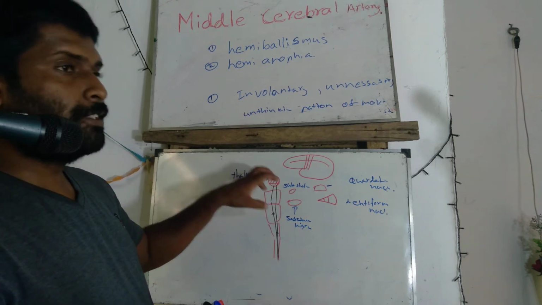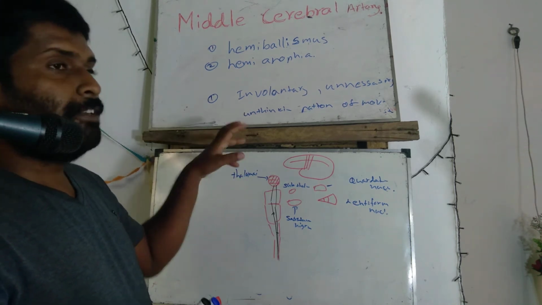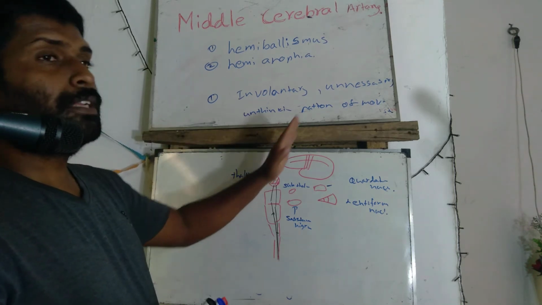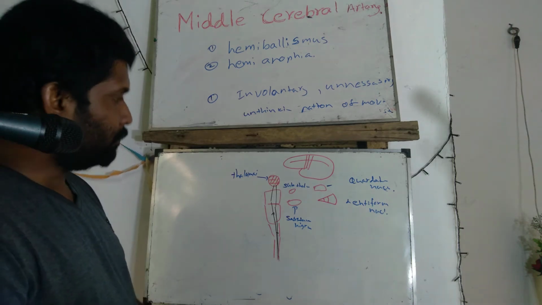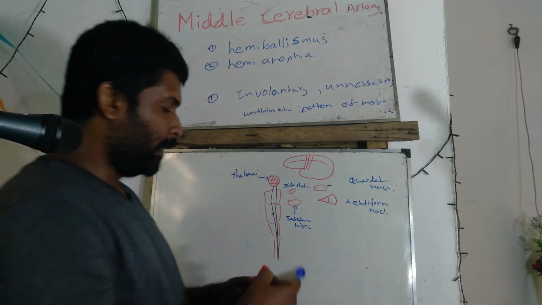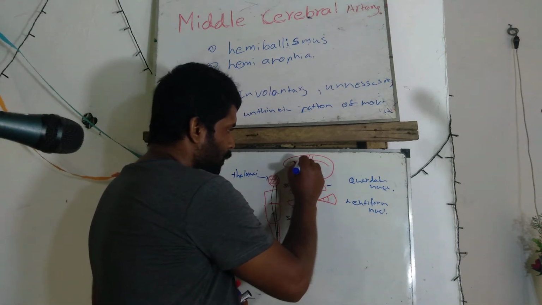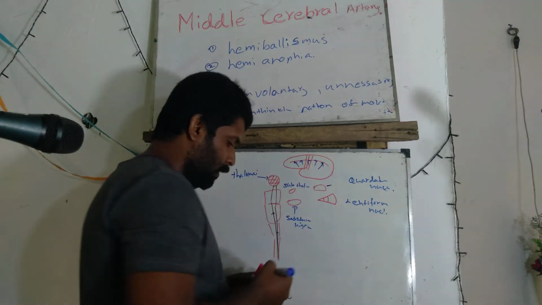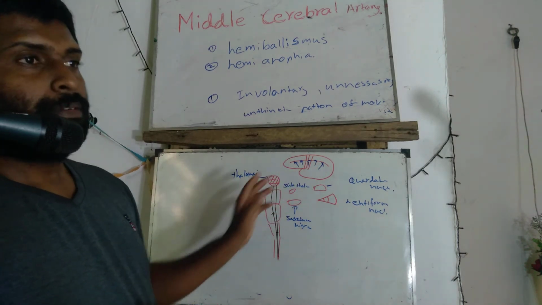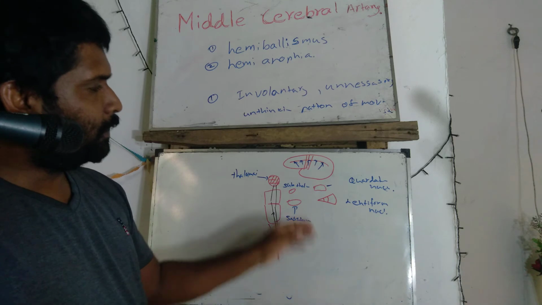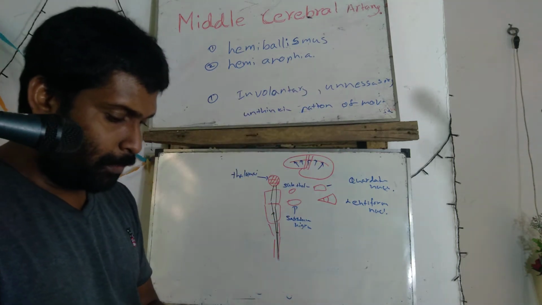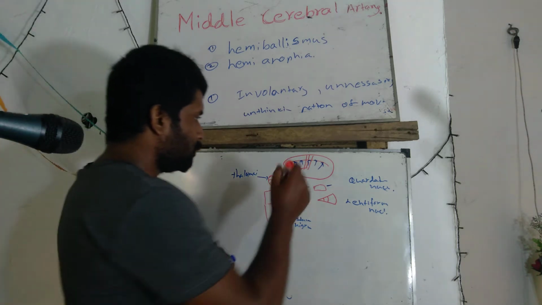It is divided into ventral, posterior and anterior areas, and then gives the direct supply to the cortex. The cortex also gives corticoradiate fibers, which give the direct supply. That is the sensory input and also the motor input in this area.